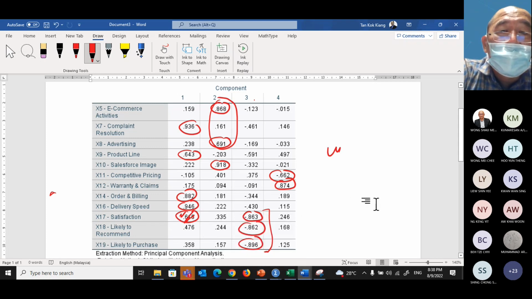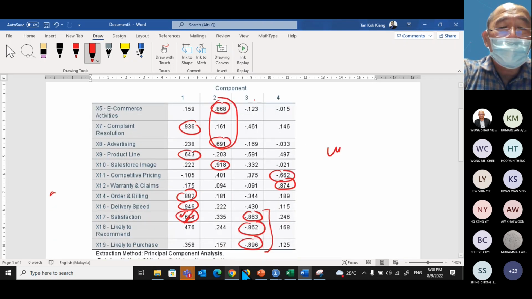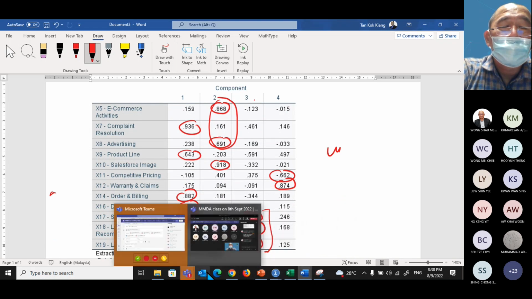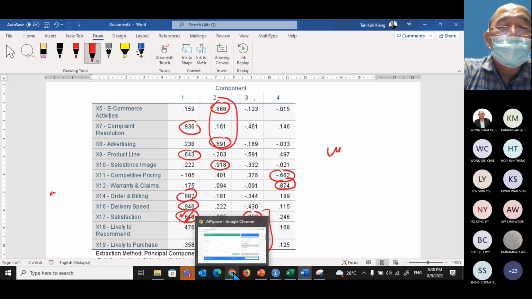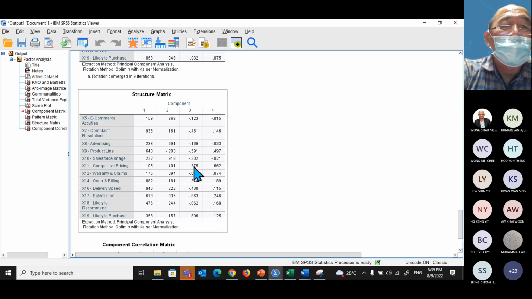This matrix as you copy is a structural matrix, and the first one we saw for the rotation is a pattern. Different. I mean, it's almost the same, but just the numbers are not exactly the same.